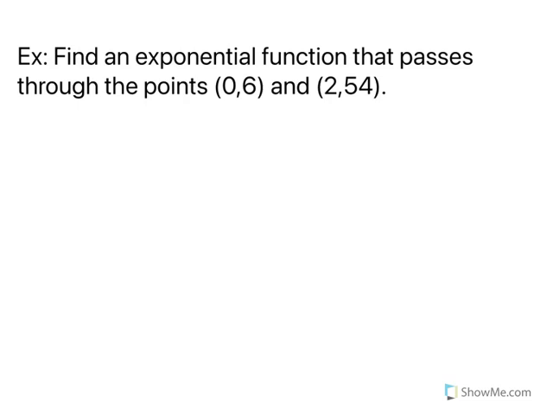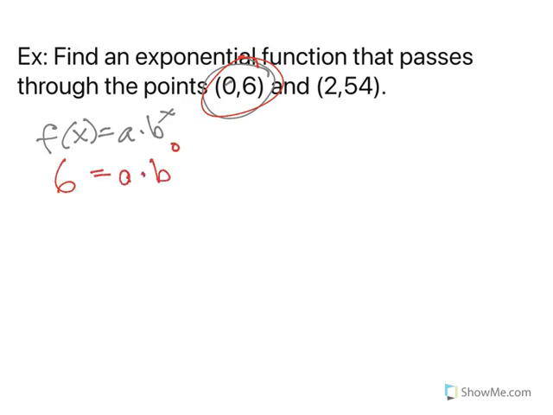So we will find an exponential function through the points (0, 6) and (2, 54). Now from this, how do I know my initial value? Well, if we think about the equation, let's just look at this point here, (0, 6). 6 equals a times b to the 0 power.